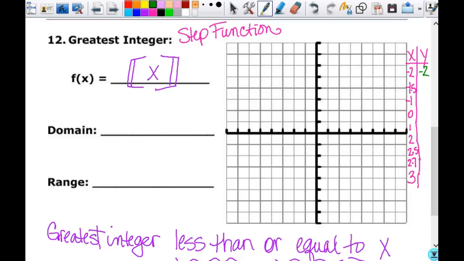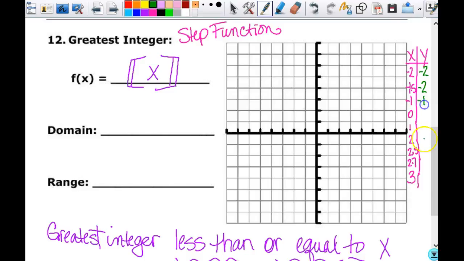Think about that one. Is it -1 or -2? Is -1 less than -1.5? Think about that. -2 is less than -1.5, right? When it's negative, it's opposite. So it's the one to the left, because left is less, right? So this is also -2.